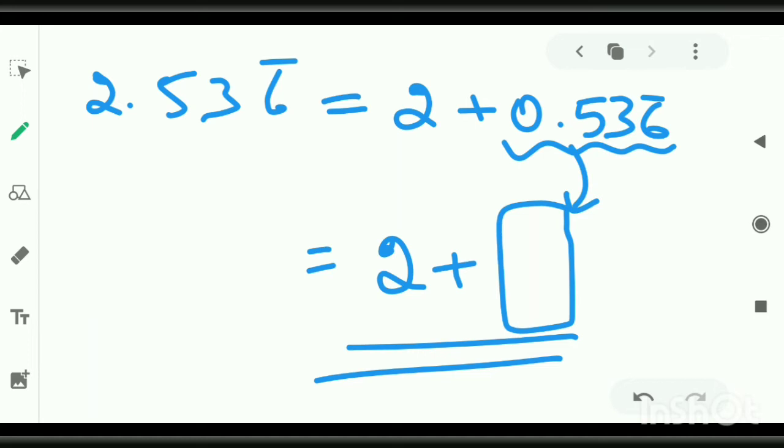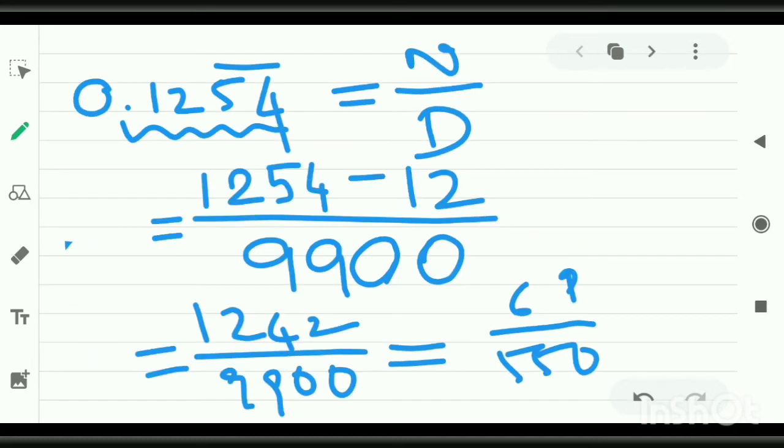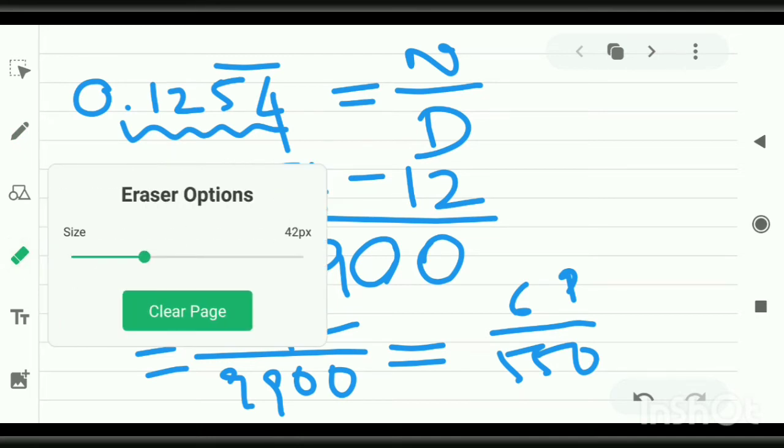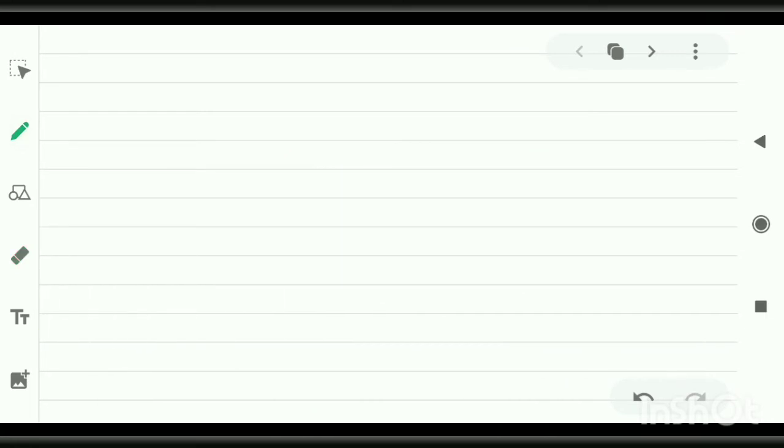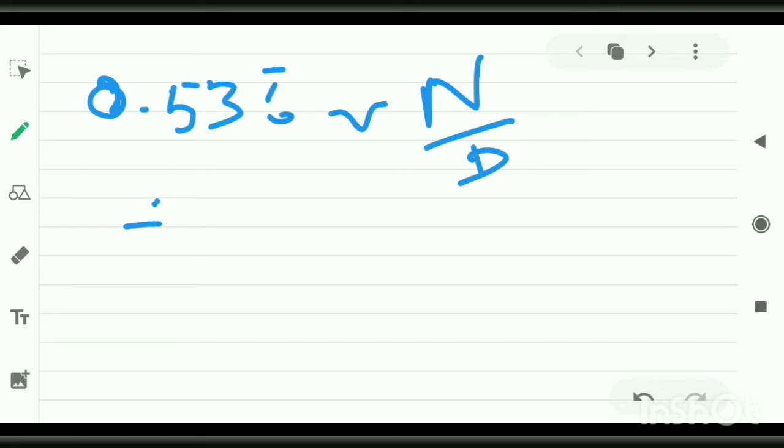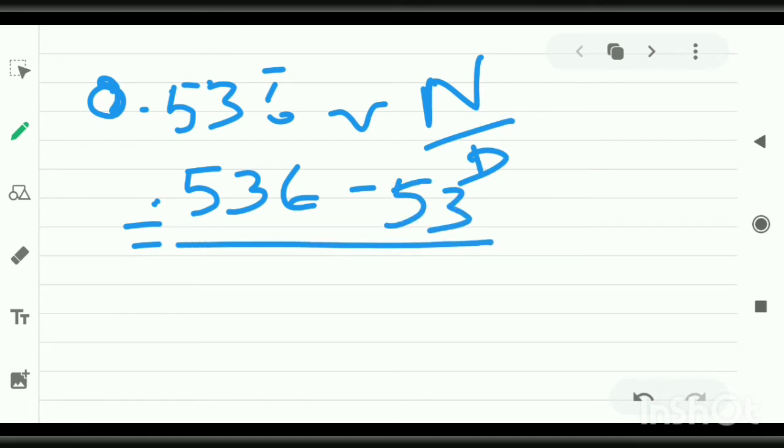Let's get started. Here the number is 0.536 bar, and we can write it as numerator by denominator, which equals the number formed by all the digits, 536, minus the number formed by only the non-repeating digits, 53, divided by the number of nines equal to the number of repeating digits, that is only 1.